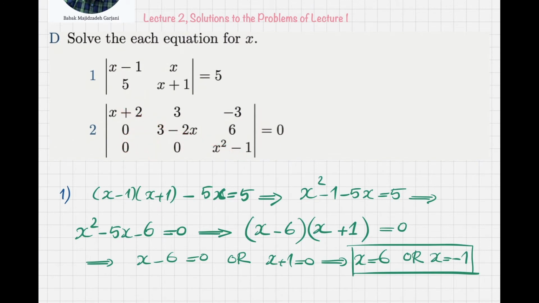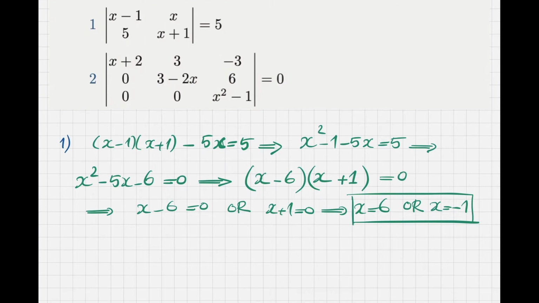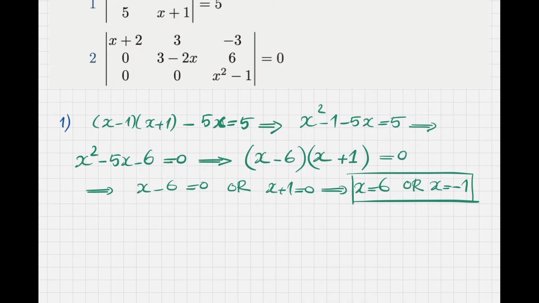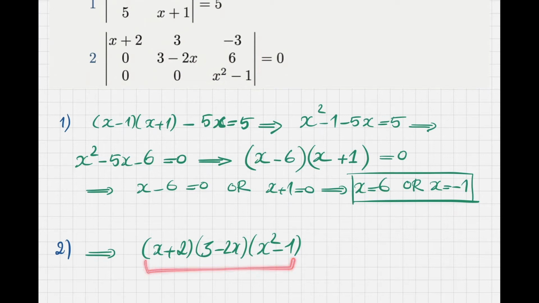So this is an upper triangular matrix, and the determinant of an upper triangular matrix, we had it in the lecture itself, is equal to the product of the main diagonal entries. So if I want to solve that one, this implies that (x plus 2)(3 minus 2x)(x squared minus 1). What I have written here is the expression for this determinant, but now I have to equate it equal to 0.